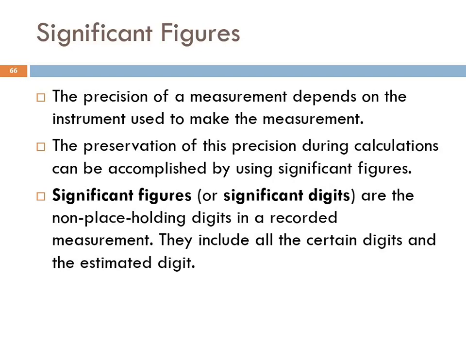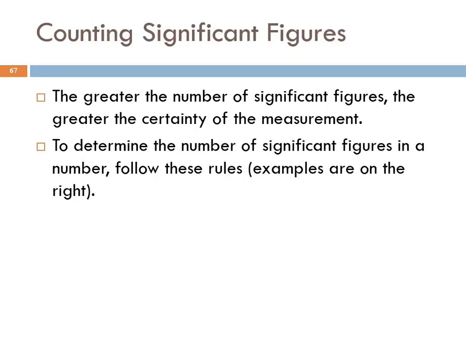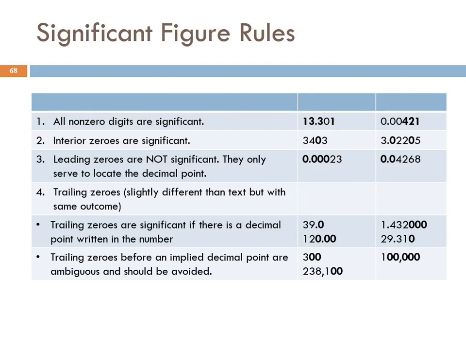They include all of the certain digits and the first estimated digit. So first we need to learn how to count sig figs. The more significant figures a measurement has, the more certainty we have in the measurement. So when we count sig figs, we use these rules. And these are in your book.